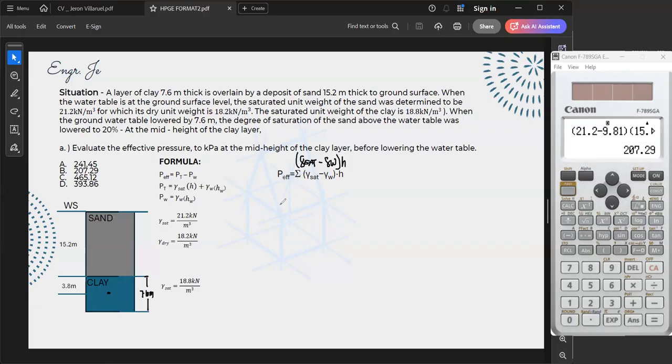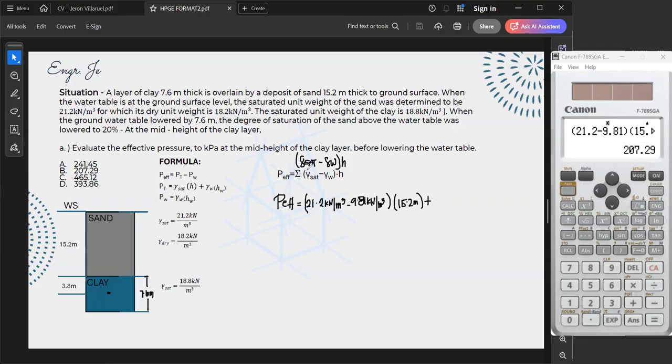So let's solve. For the effective pressure, first we are going to solve for the sand. The saturated unit weight of the sand is 21.2 kilonewton per cubic meter, subtracted by the gamma water, that is 9.81 kilonewton per cubic meter, times the height of the sand, that is 15.2 meters.